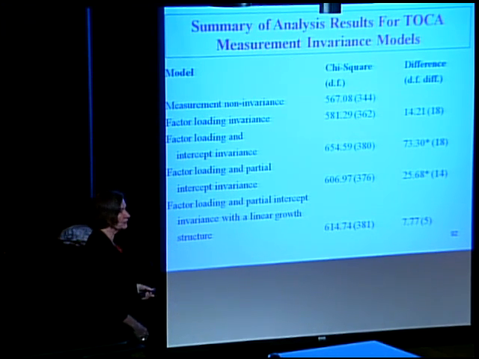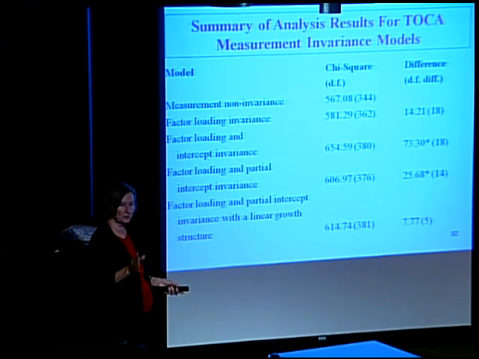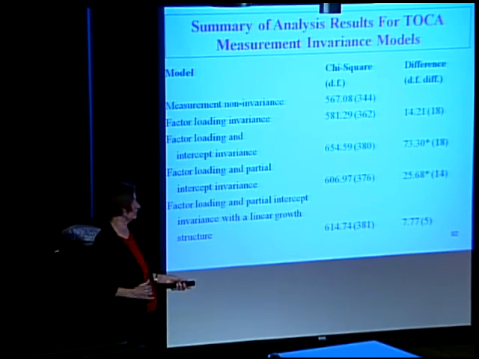And just another note, if you have measurement non-invariance and you model it, then that's okay. So as long as you recognize it and you allow it to be modeled, then you can go on with those coefficients. The issue is how much partial measurement invariance can you have? How many parameters can you have that aren't invariant and still assume that the construct is the same?